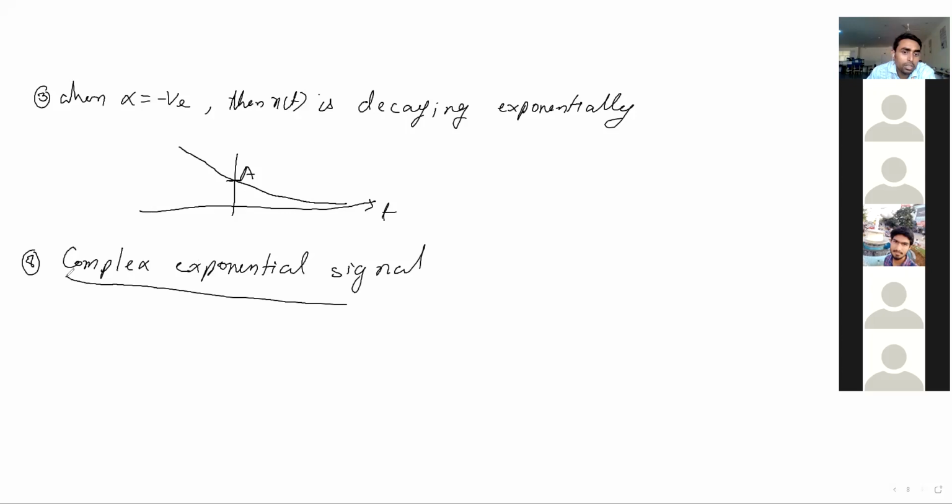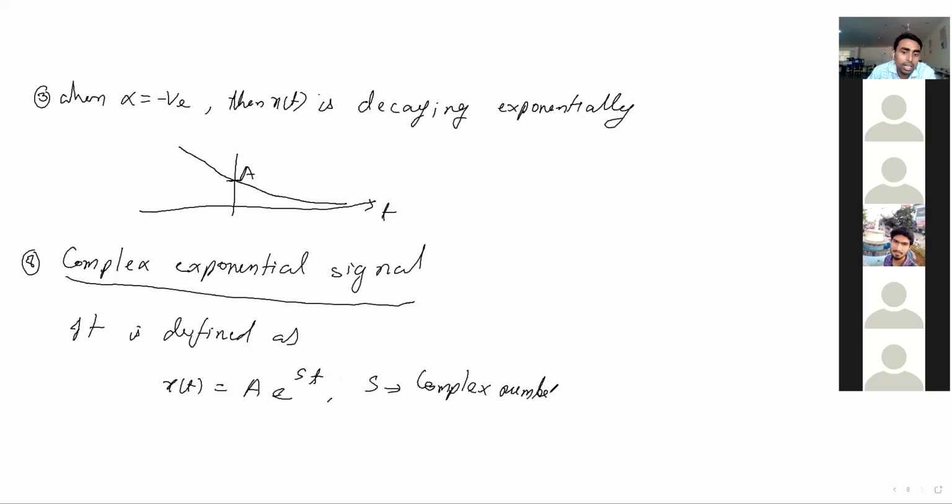So for complex exponential signals, the mathematical definition is x of t equal to a into e to the power st, where e represents the exponential. Here s is a complex number, which is nothing but alpha plus j omega.